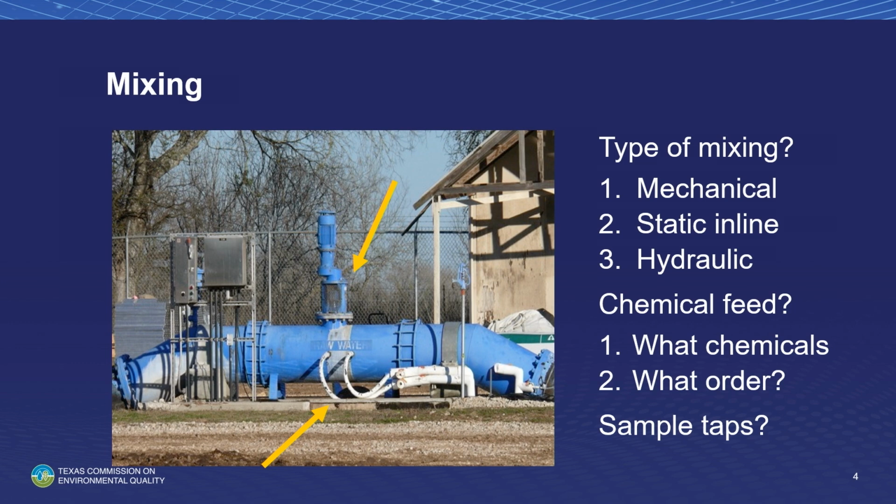I can give you an example where the engineers and the contractors were installing these mechanical mixers in a plant that had a pretty large pipe. And the flow through that pipe was what we call laminar flow. There was no real internal mixing in the flow of that pipe. So they decided that these mechanical mixers would be the thing to do to make sure that those chemicals were completely mixed.